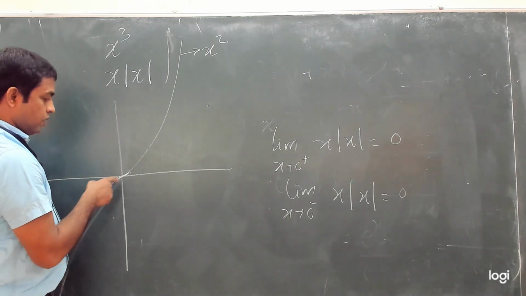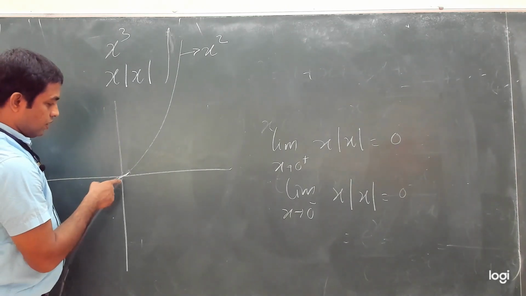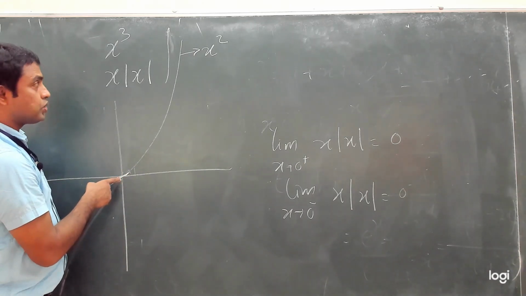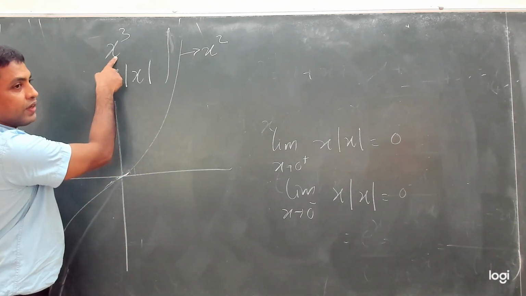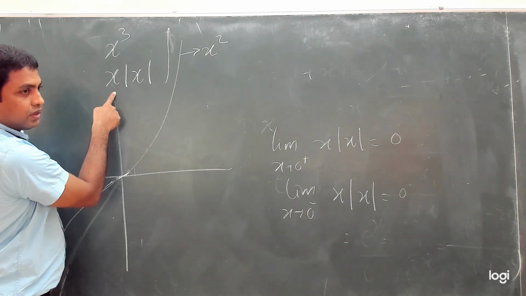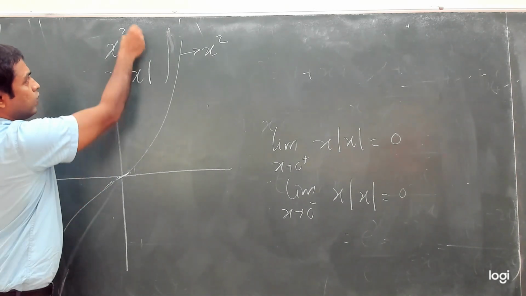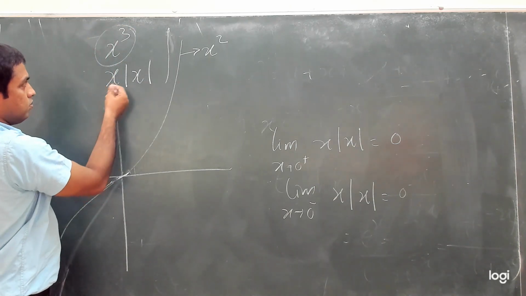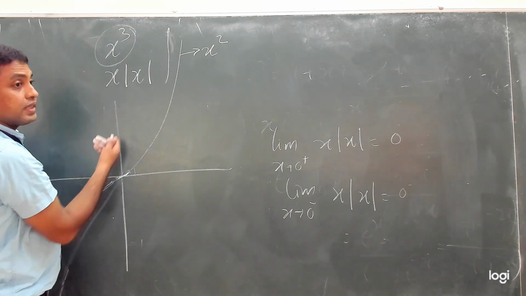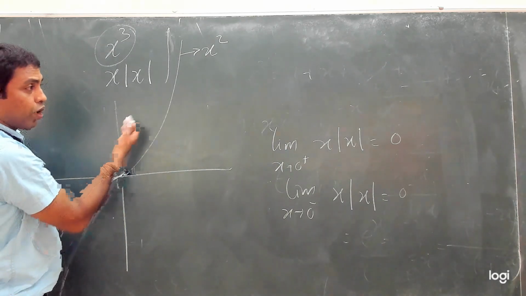So at x is equal to 1 and minus 1, it will intersect the graph and it will go below it. So what happens is when x tends to 0, x cube will have a much lower value than x mod x, right? Yes, sir. So that is basically x less than 1 or mod x less than 1. Okay.